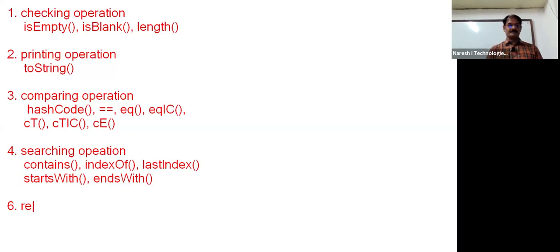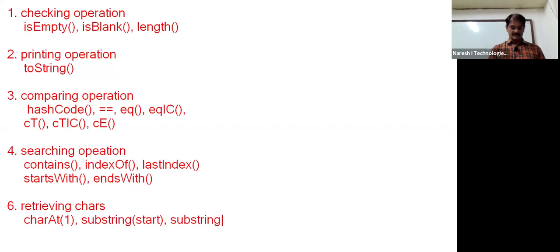Then next operation, after searching: retrieving. Retrieving characters. What is the first method? Char at, which returns what? One character. Next, substring. We give one index, or you can say start, and one more substring method is available that takes start comma end.